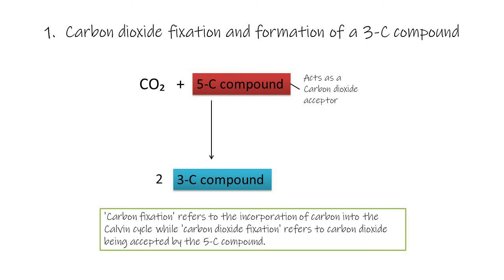In other words, the 5C compound acts as a carbon dioxide acceptor to fix the carbon dioxide into an organic compound, which starts the reactions in the cycle. Therefore, carbon fixation refers to the incorporation of carbon into the Kelvin cycle, while carbon dioxide fixation refers to the carbon dioxide being accepted by the 5C compound.